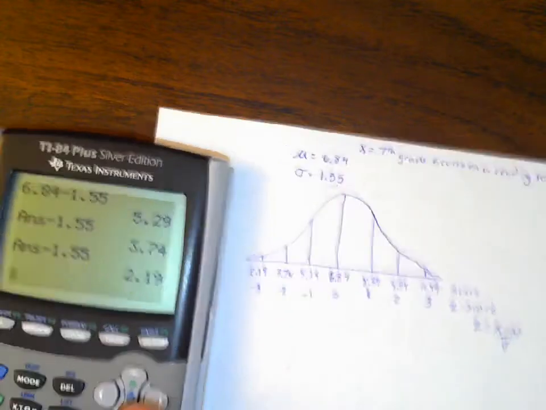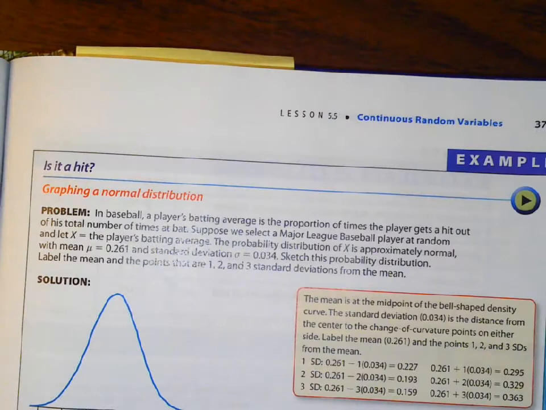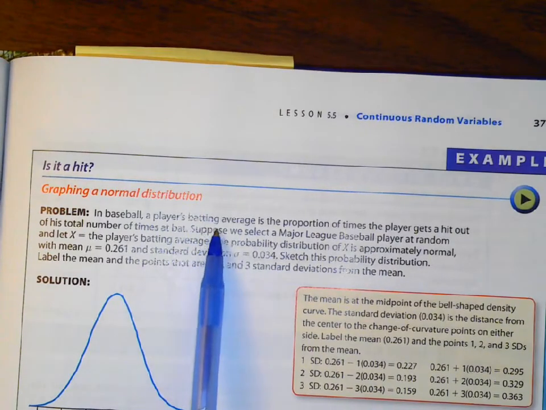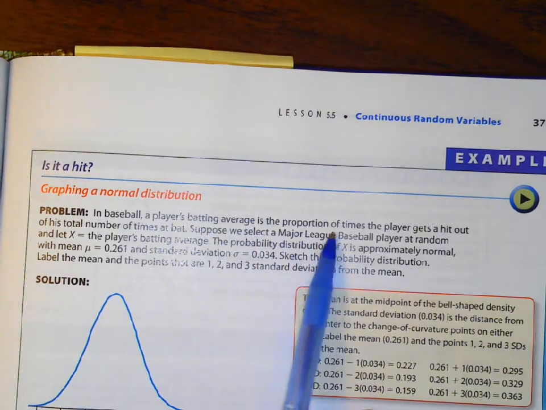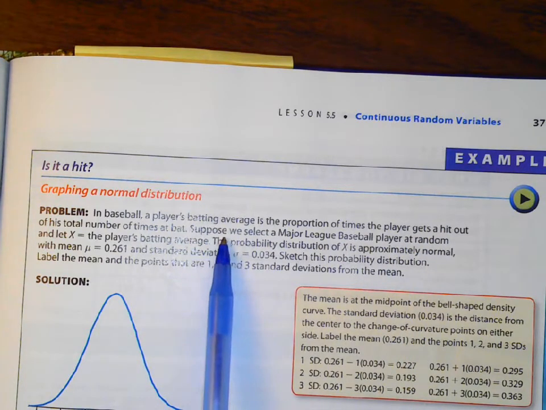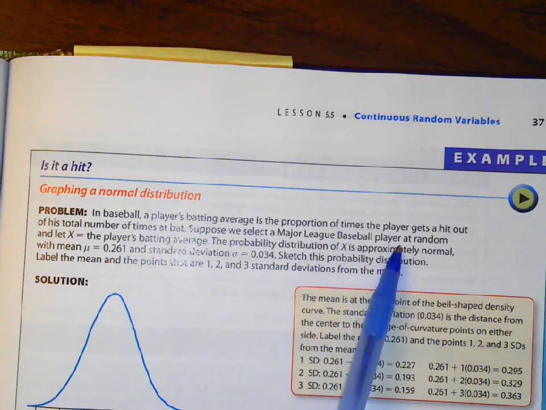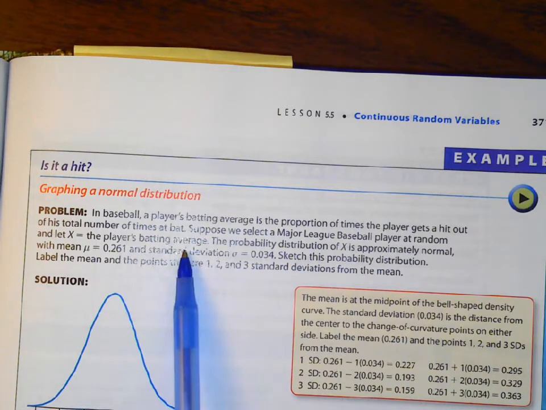Let's do another example. Let's say a baseball player. A baseball player's batting average is the proportion of times a player gets a hit out of the total times at bat. So 3 out of 10 times would be an average of 30%. Suppose we select a Major League Baseball player at random. X is the player's batting average.